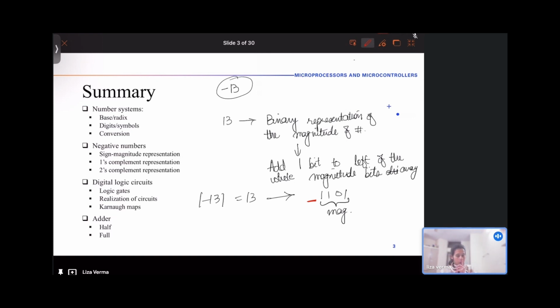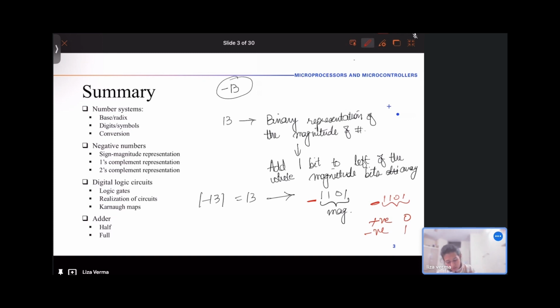Let's say I want to represent 13 in signed magnitude representation. You cannot write 13 as 1101, right? This is for unsigned representation. For signed representation, you will have to add one more bit representing only the sign of the number. For positive numbers, the bit will be 0. For negative numbers, the bit will be 1.